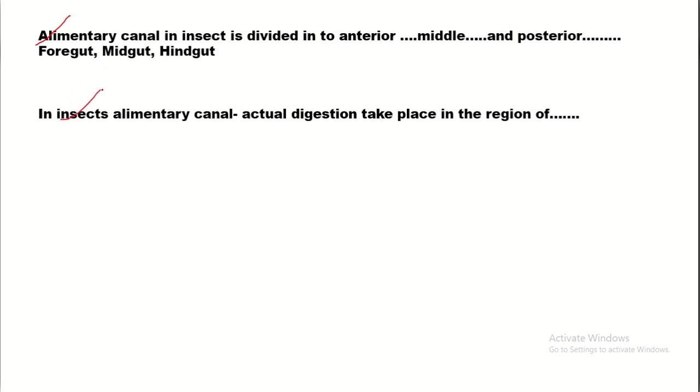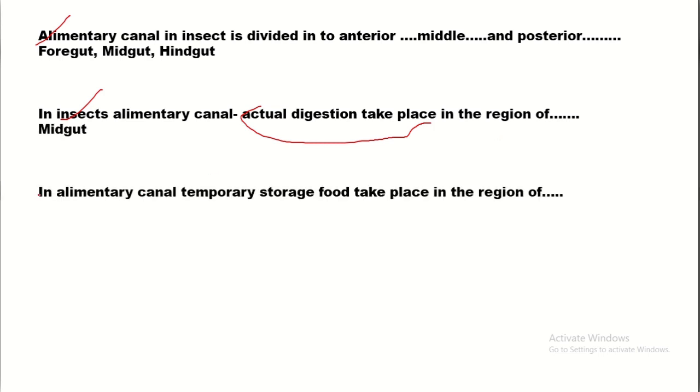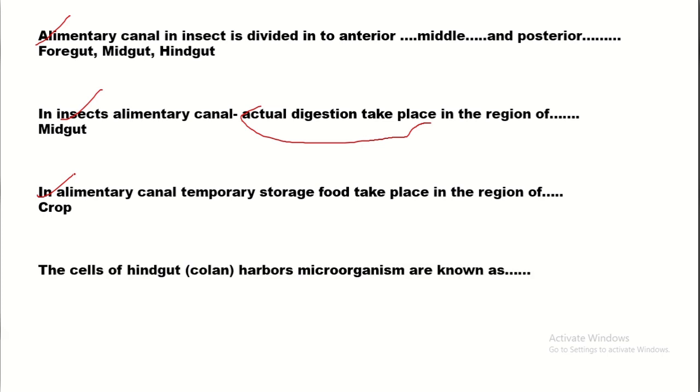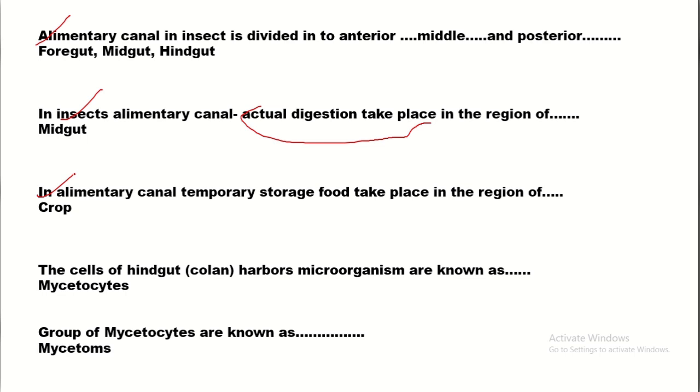In the alimentary canal, actual digestion takes place in the region of the midgut. Temporary storage of food takes place in the region of the crop. The cells of the midgut that harbor microorganisms are known as mycetocytes. Group of mycetocytes is known as mycetome.